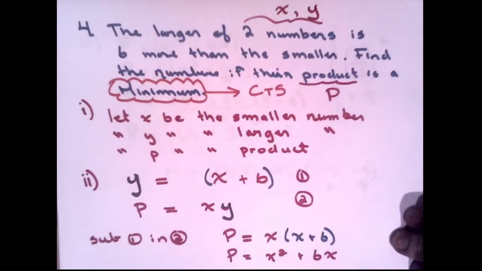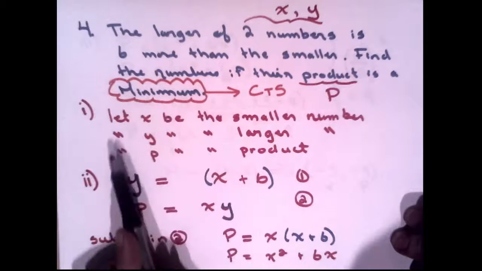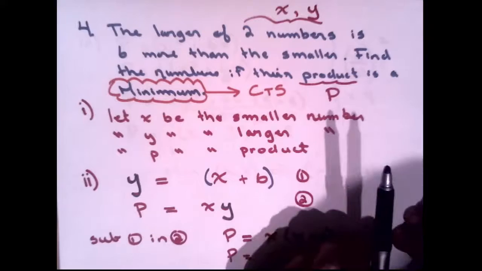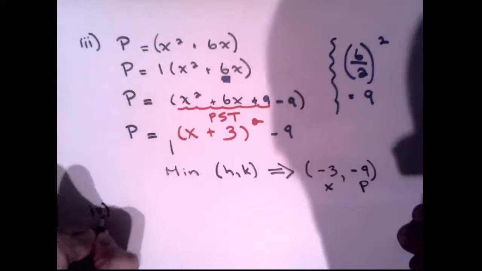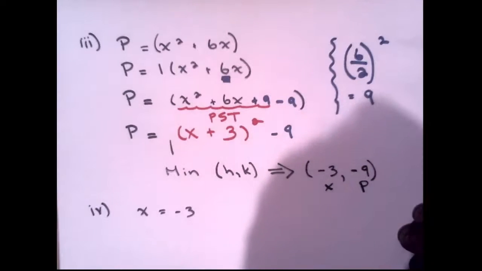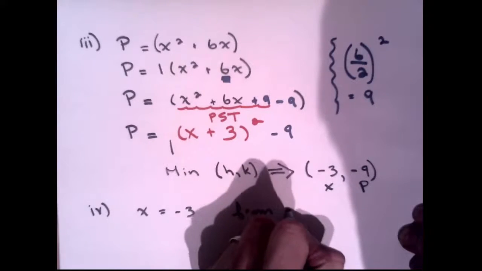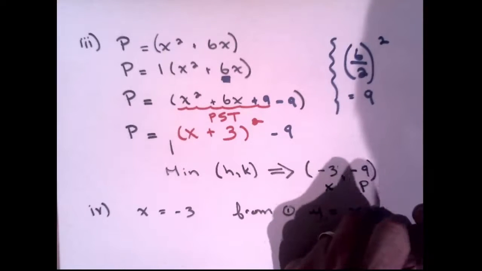So the question said to find the numbers if their product is a minimum, and the numbers are x and y. So from the vertex, which is a minimum, we now have the x value. So we're interpreting that x must equal -3. And it's a simple calculation to find our y from equation 1, y was equal to x plus 6.